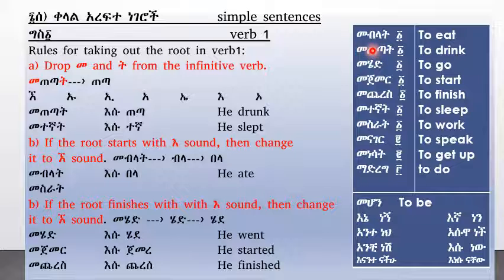Those that change themselves in one way, I call group 1. In another group, I call them 2. And the third one, 3. In short, in Amharic we have 3 regular forms and 1 irregular.